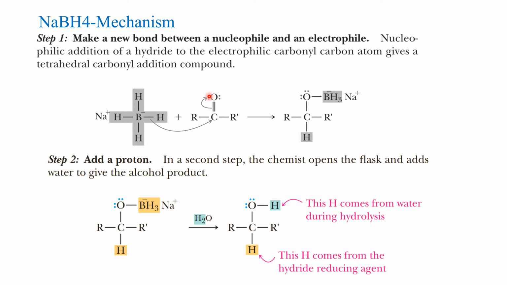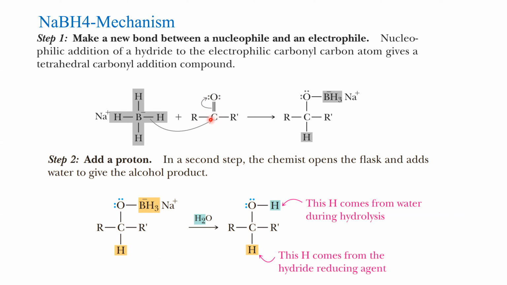So we discussed that between the carbon and oxygen there is resonance. That oxygen takes back its pi electrons, making this carbon a very good electrophile, because it becomes electron deficient.